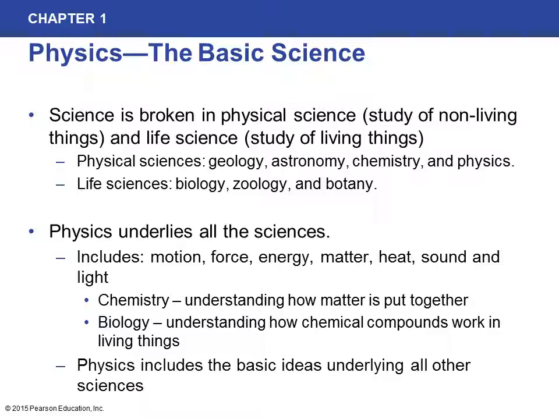Biology is looking at how chemical compounds work in living things. So it's even a little bit more complicated and using a little bit more science, you could say. So physics includes the basic ideas that underlie all other sciences, and for this reason, it is considered a basic science.